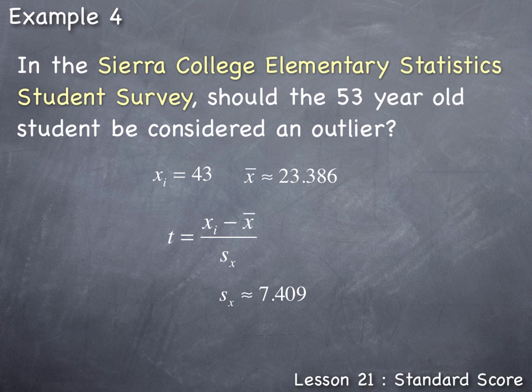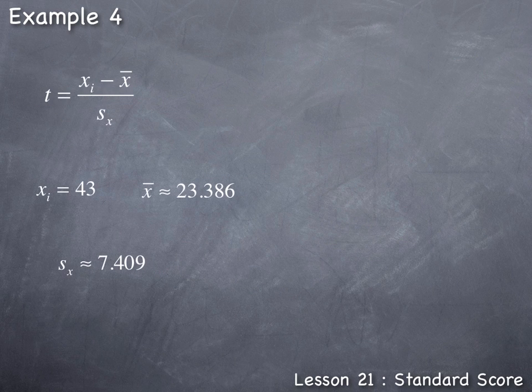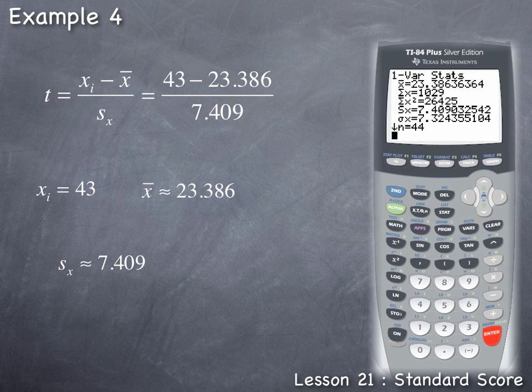Now that we have all the numbers we need, we can input them into the formula, starting with the age, 43, subtract the mean, 23.386, and divide that all by the standard deviation, 7.409. We could use our TI-84 calculator to help us.